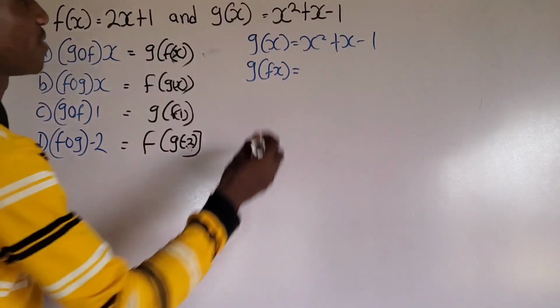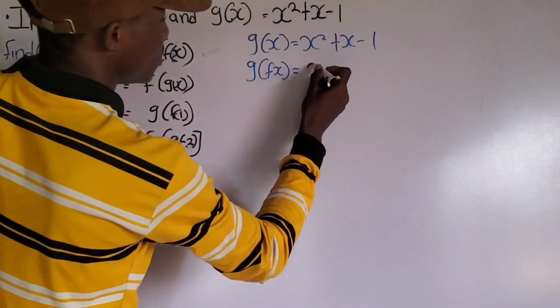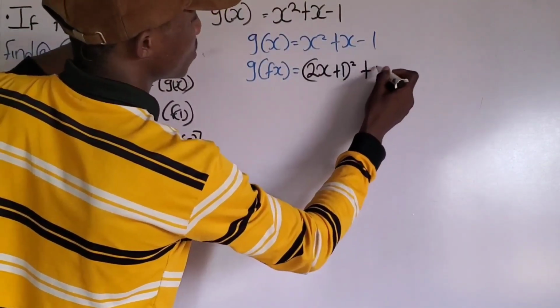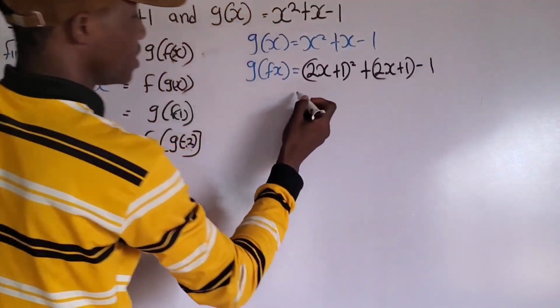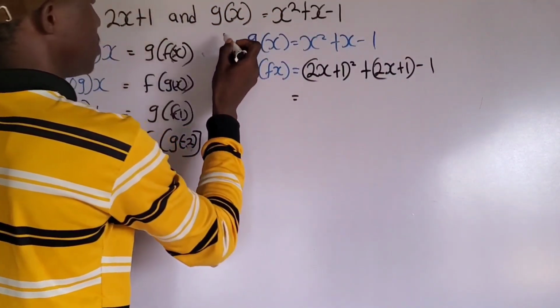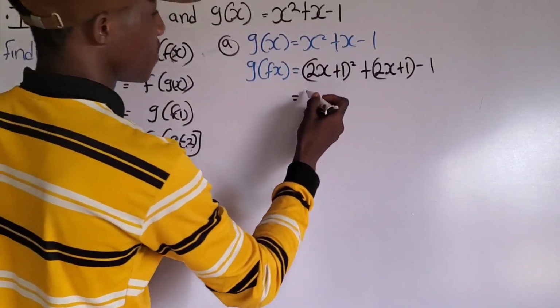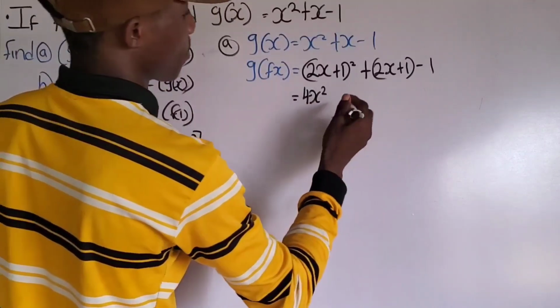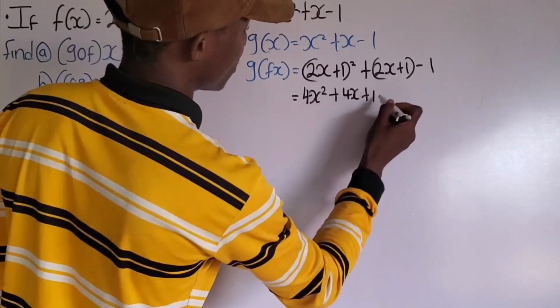For this, when I have x squared, I'm going to have 2x plus 1 squared, plus 2x plus 1, minus 1. So if you expand this, you're going to have 4x squared plus 4x plus 1.